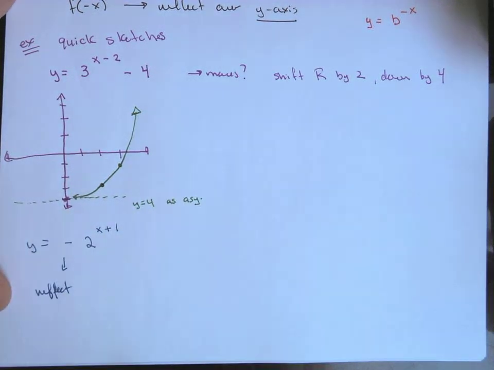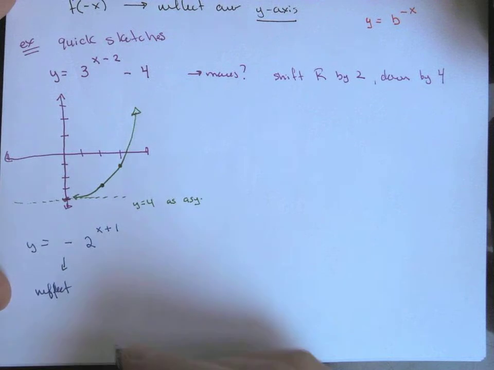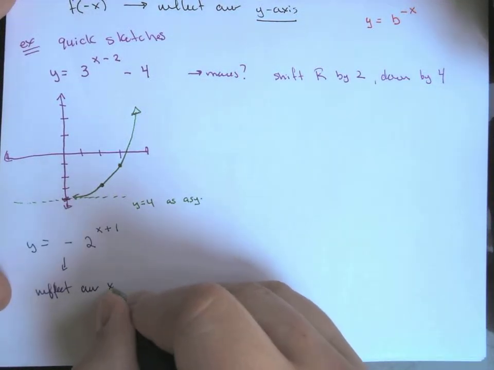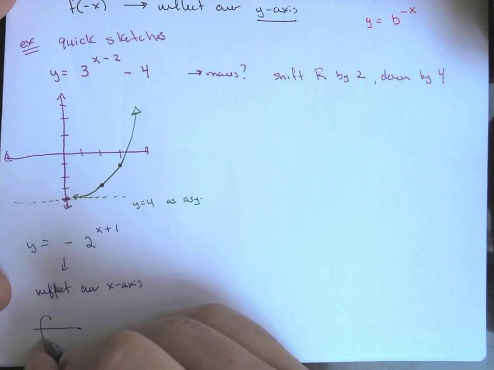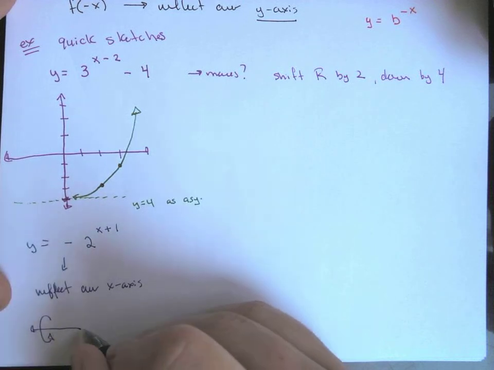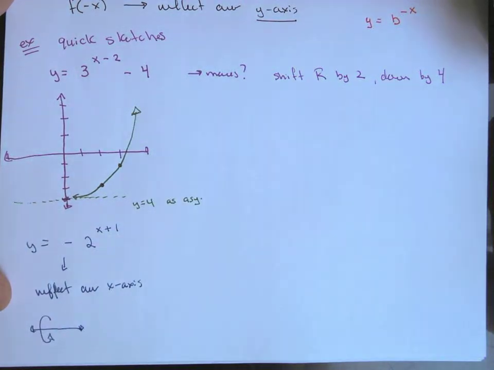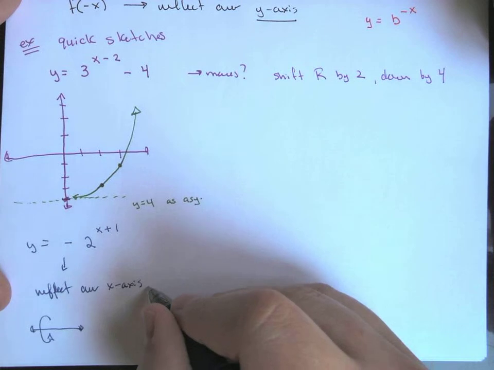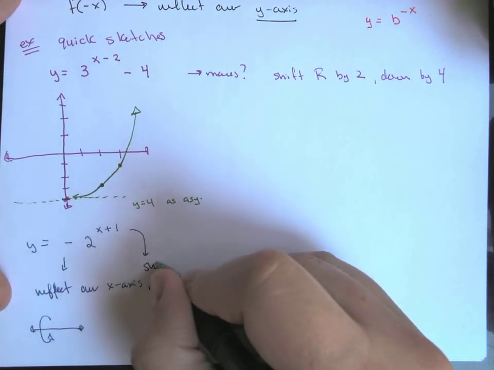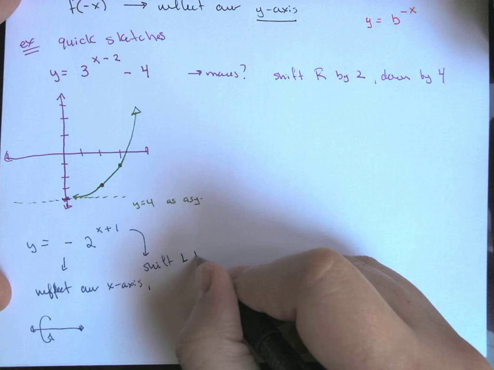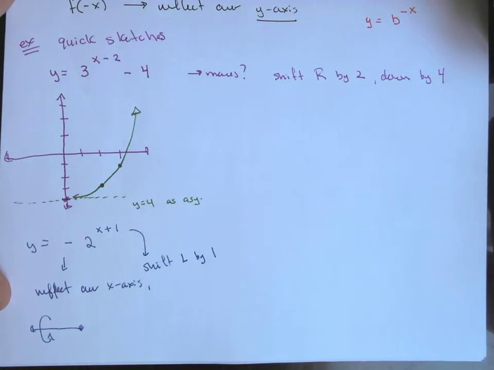Which was that for us? Reflect over the x-axis, which means we're flipping top to bottom rather than left to right. And then x plus 1 means that we're going to shift left by 1.